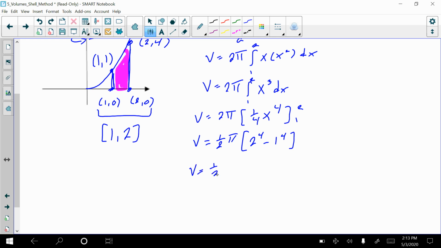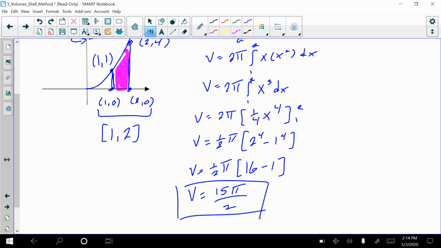So that gives us 1/2 pi times 16 minus 1. And so 16 minus 1 is just going to be 15. So 15 times 1/2 pi will give me 15 pi over 2 for the volume of this particular problem using the shell method.